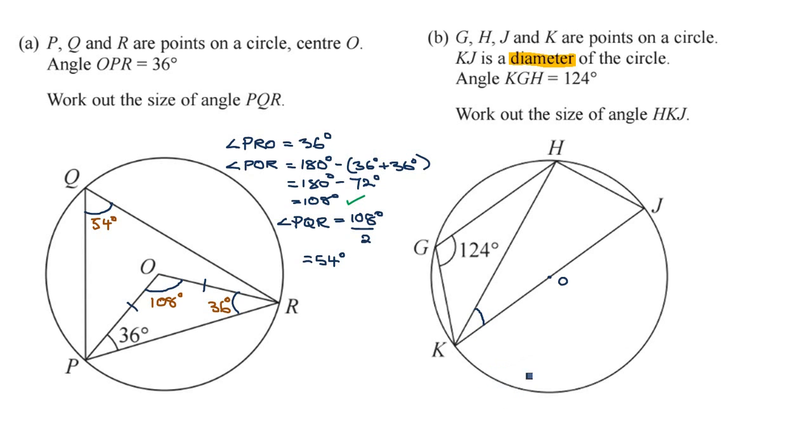Okay, now we said this is a cyclic quadrilateral, and we should know that the opposite angles in a cyclic quadrilateral sum to 180 degrees. So let's start by getting this angle here, which is opposite the known angle KGH. So we're going for angle HJK.